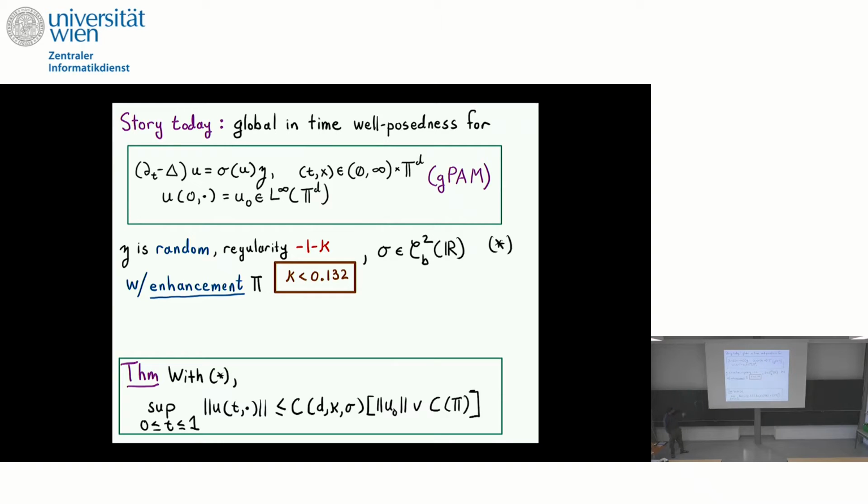Then I have this bound on the solution between times 0 and 1, where I have a constant that depends on dimension, the regularity, and sigma, then the initial condition, and then some constant depending on my enhancement, which I'm using the symbol pi to represent. If I have bounds up to time 1, then by just restarting, I have global in time existence. Okay? Any questions so far?